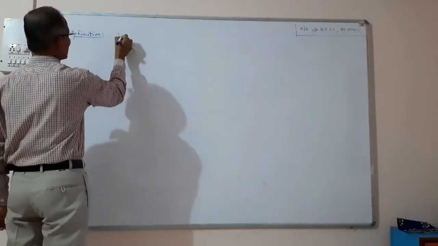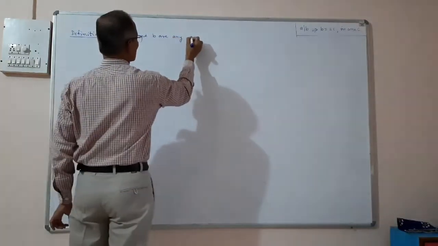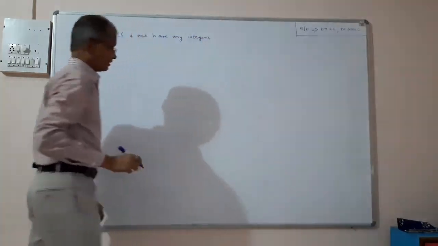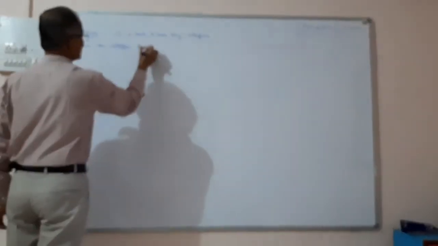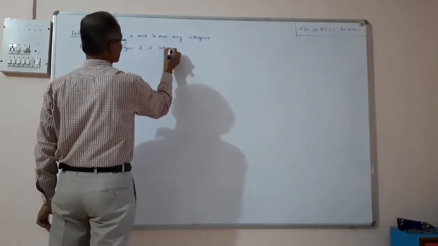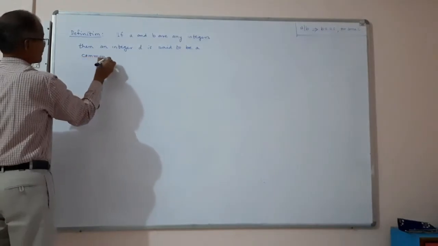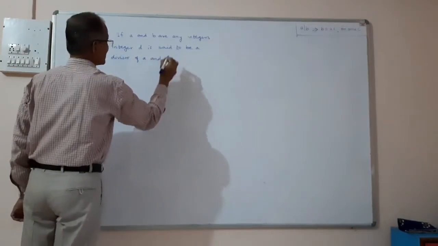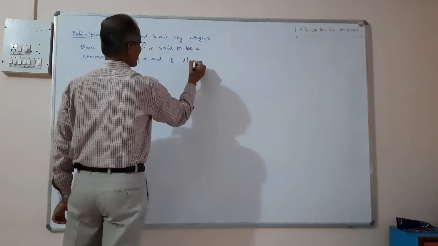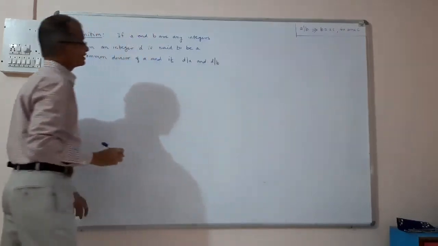If a and b are any integers, then an integer d is said to be a common divisor of a and b if d divides a and d divides b.